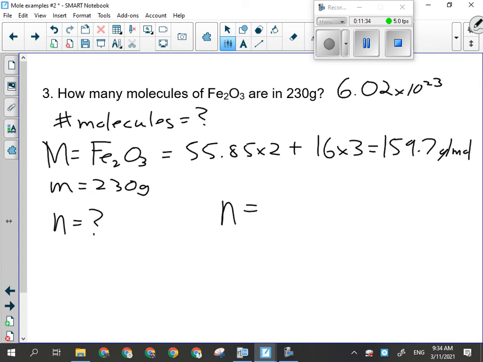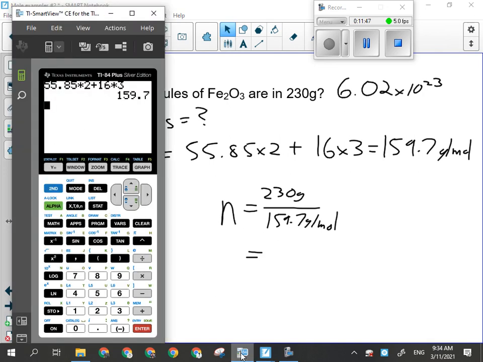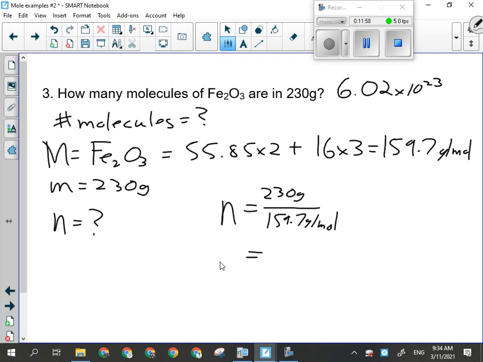I've got the 2 numbers I need, 230 grams, little m, divided by 159.7, big M. So 230 divided by 159.7. So 1.44 moles is what I've got here.